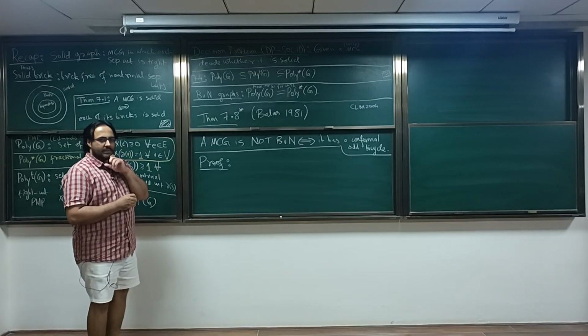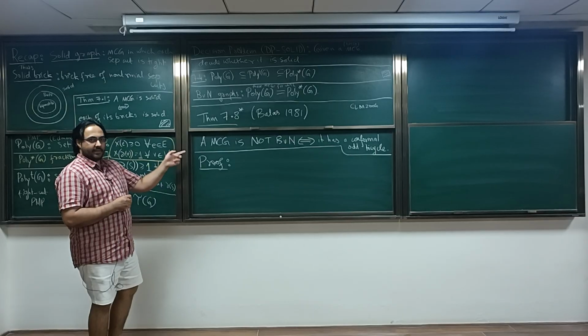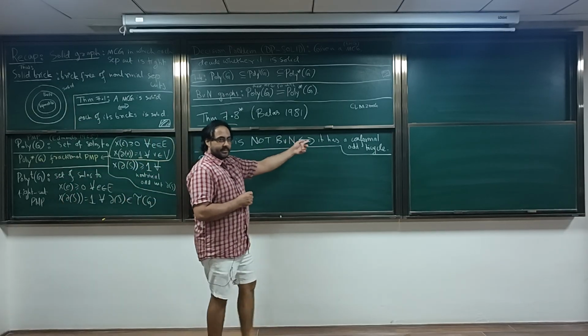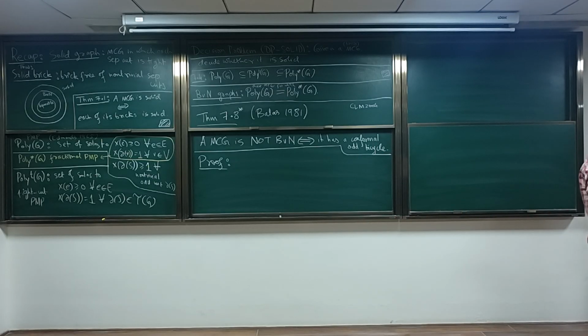Okay. Any other questions, concerns? So we have seen one direction. One direction was quite easy. If there is a conformal odd bicycle, you just put half, half, half on those two cycles' edges, and you put one on the perfect matching outside because of conformality, and observe that this vector satisfies non-negative integrity constraints, and because for the cut of any of those odd cycles, you're not using any edges, the x of the partial of that cut is 0.